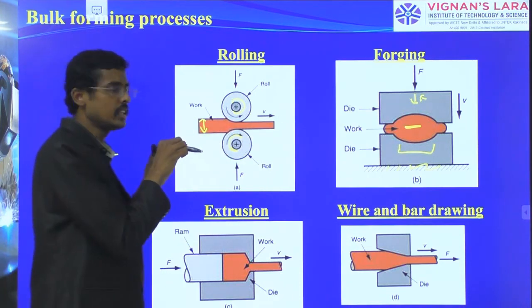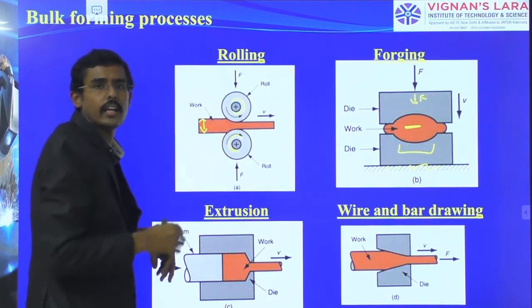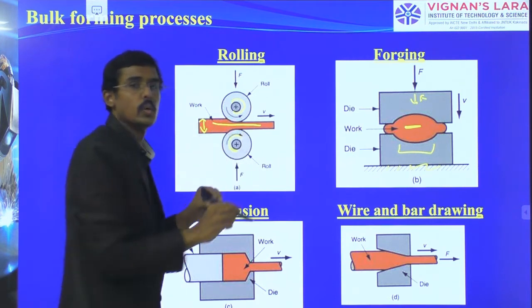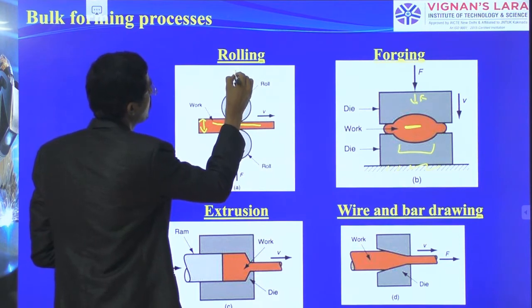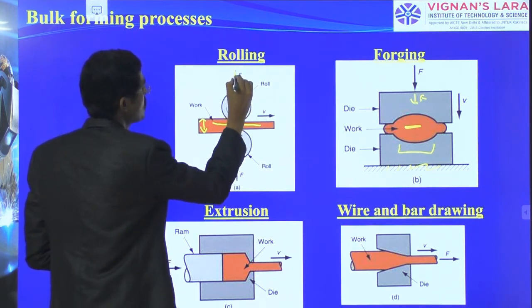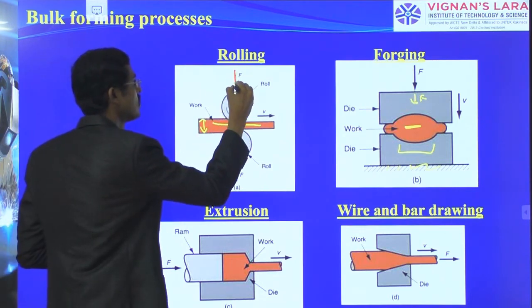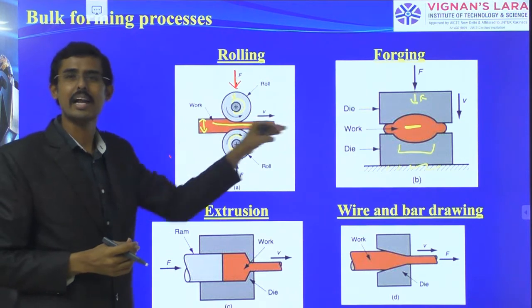I send the workpiece in here. These rollers rotate clockwise and anti-clockwise, and therefore drag the specimen inside with respect to the application of force from above. This is pressing along with dragging.